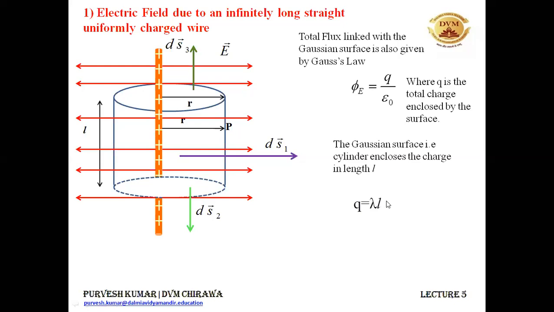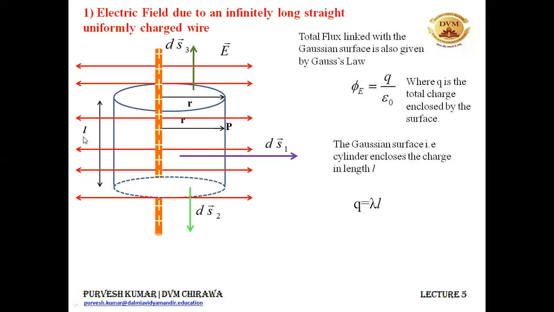I'm explaining it again. Please pay attention that this Gaussian surface is enclosing the charge that is present in length L only. And we know that the linear charge density of this wire, that is the charge present in unit length, is lambda. So in unit length, if lambda charge is present, then what will be the charge present in length L?